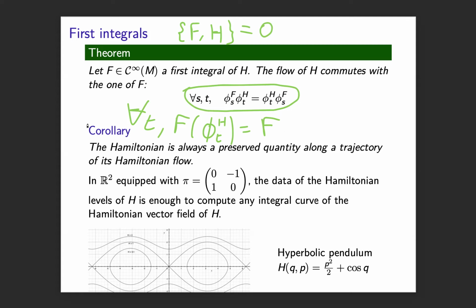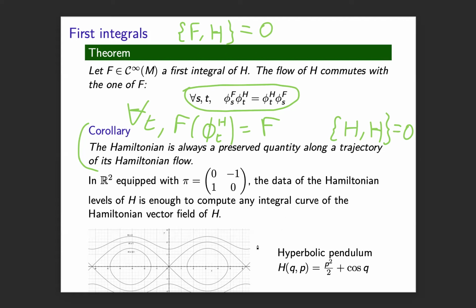So now you can remember the first remark we made after the definition of a Poisson bracket, right? Since the Poisson bracket is antisymmetric, H is always a first integral of itself. And therefore, any Hamiltonian flow has at least one first integral, meaning the Hamiltonian itself.